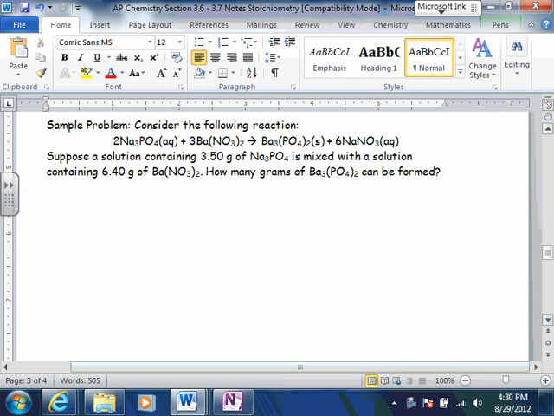So we know we have 3.50 grams of Na3PO4. Okay. Now, if we assume that all of that gets used up, then we want to see how much of the product we could make. Okay, so we're going to go from grams of Na3PO4 to moles of Na3PO4. And 1 mole, I have to add this up.